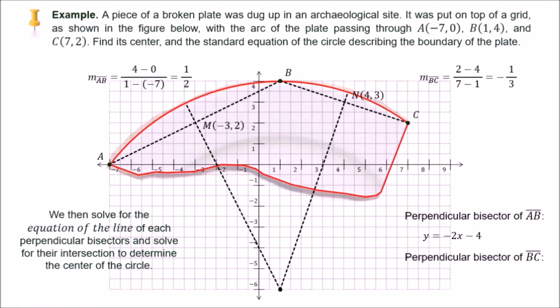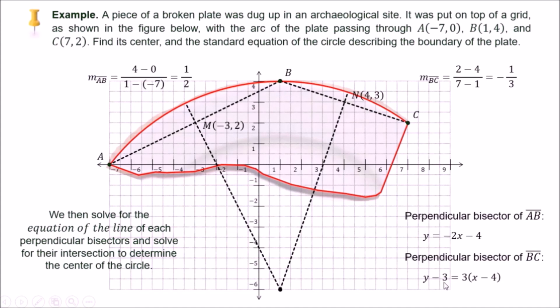Next would be the perpendicular bisector of the line segment BC. We then have y minus 3 equals 3 times x minus 4, and take note that 3 here is the negative reciprocal of the slope of the line segment BC, which is -1/3.